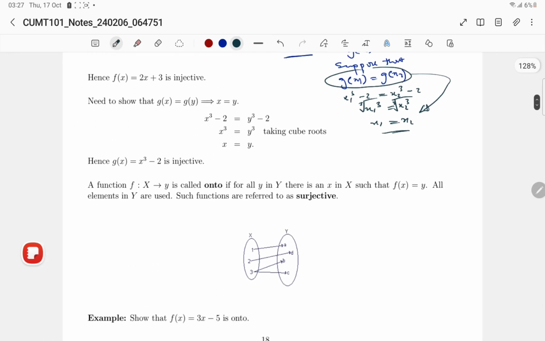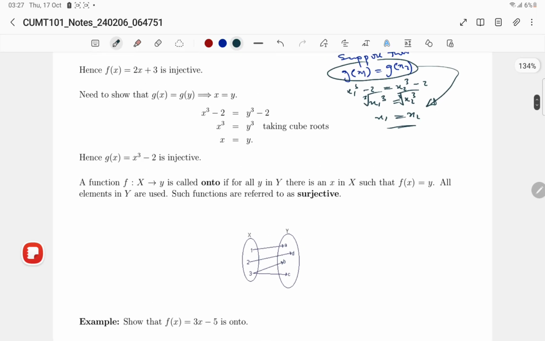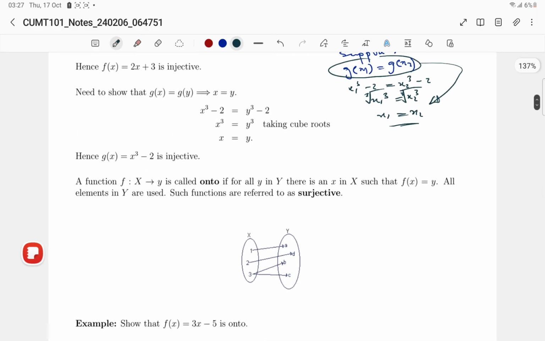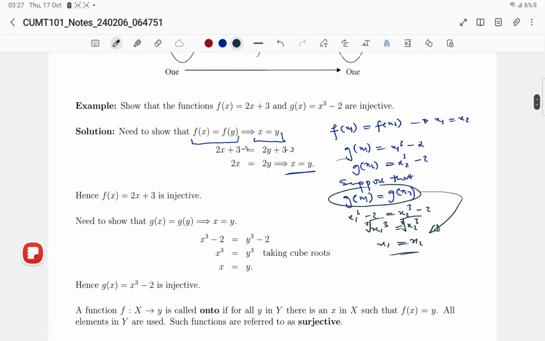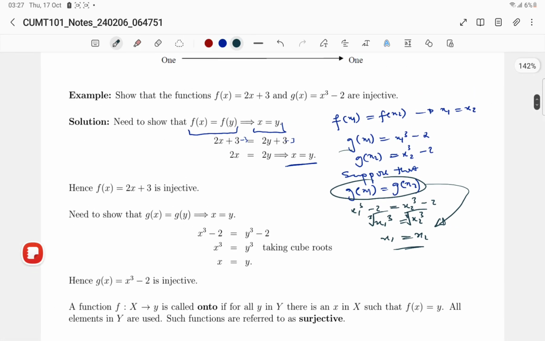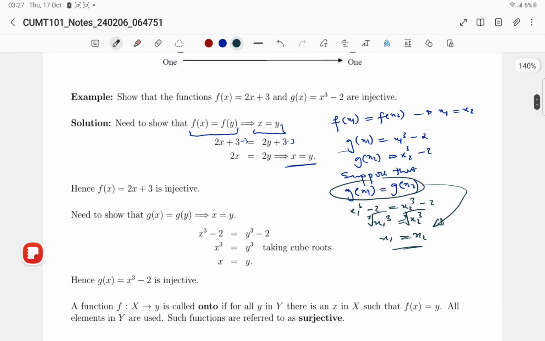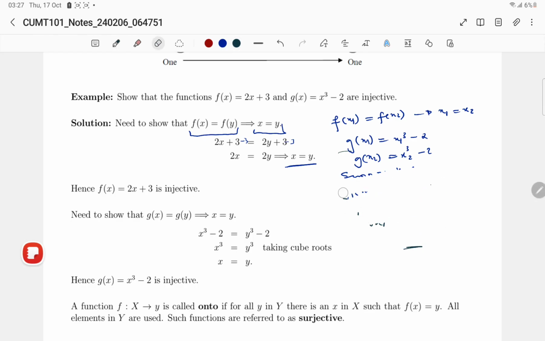Therefore, the function is injective. So you can test some functions whether they're injective or not using this very method. I'm just going to consider also a function which might prove to be not injective.